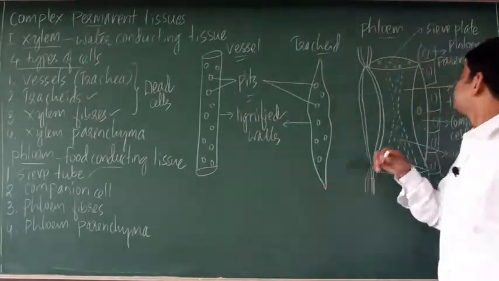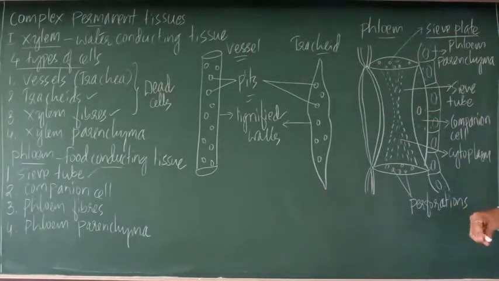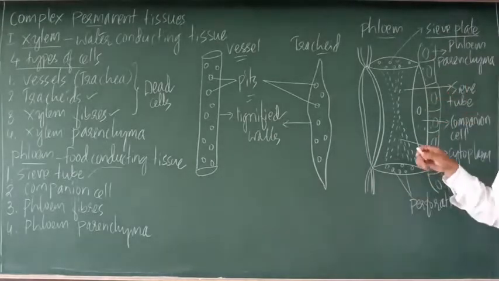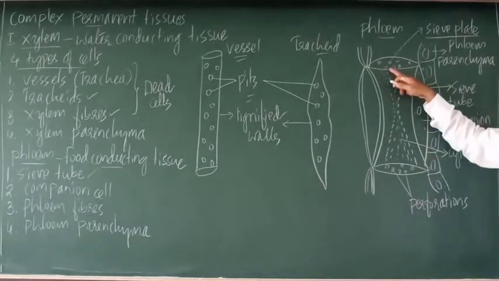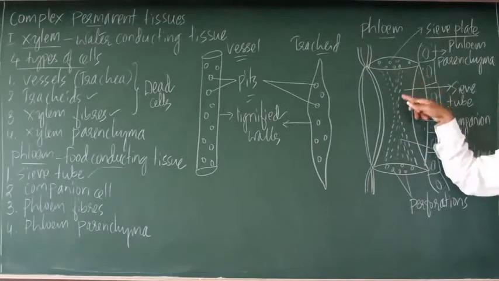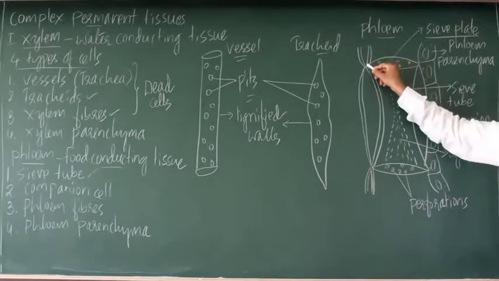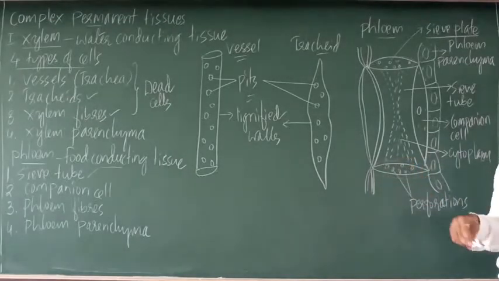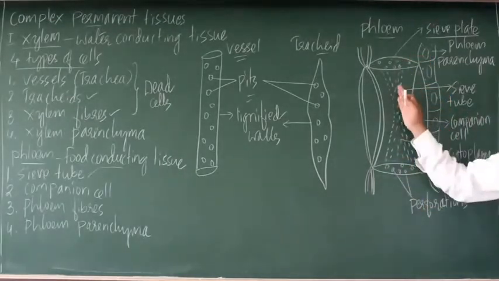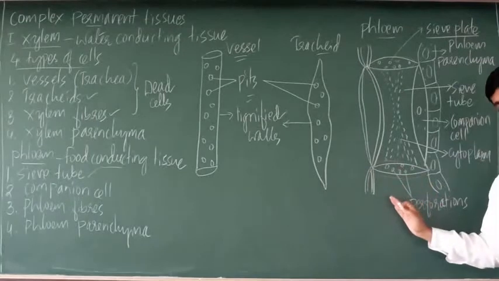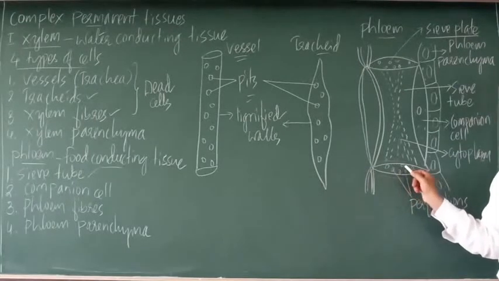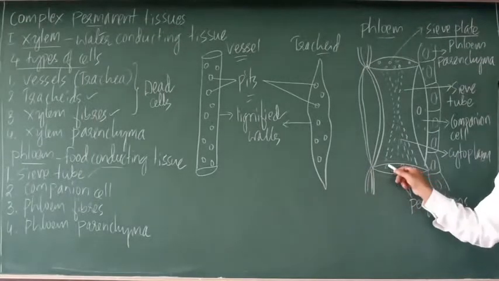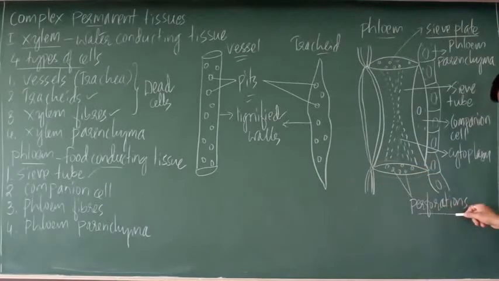So here, this is the sieve tube, this is the sieve plate, and this is the sieve plate. So one sieve tube is linked to another sieve tube by this sieve plate, which is having pores called perforations.